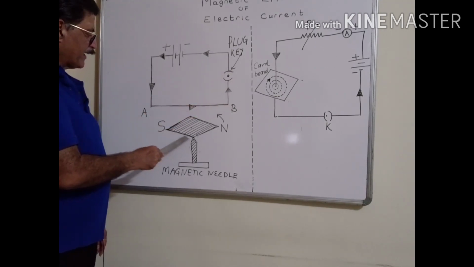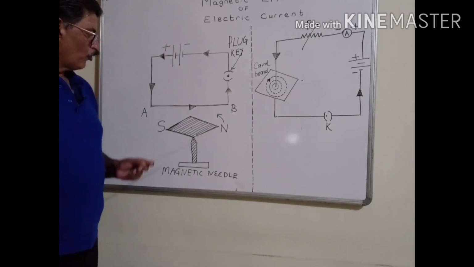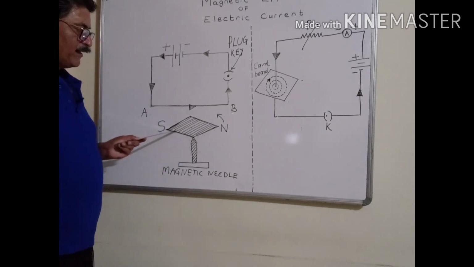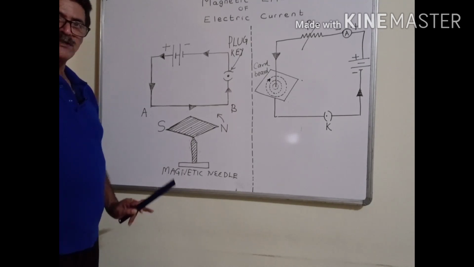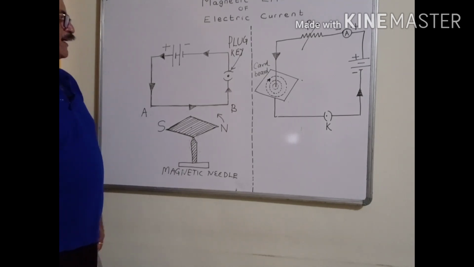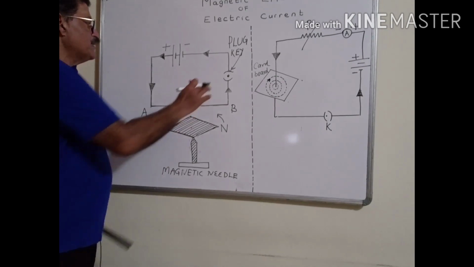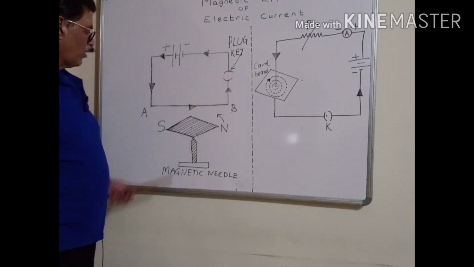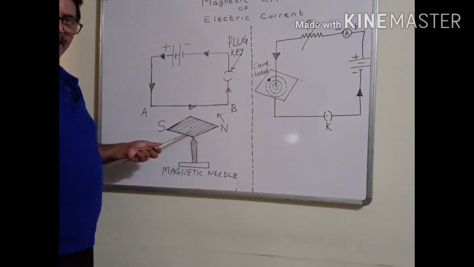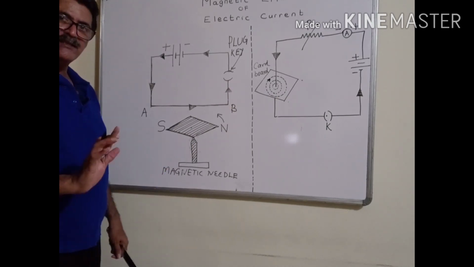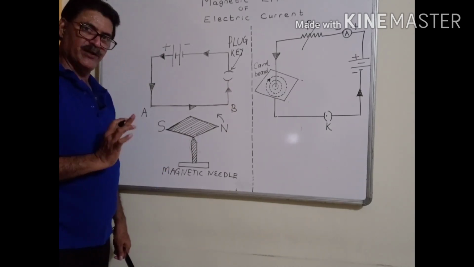And here you have a magnetic compass needle. All of you know that the magnetic compass needle comes to rest in the north-south direction. Now supposing your plug key is open, open in the sense the current is not on. Then this magnetic compass needle will rest in the north-south direction, right?